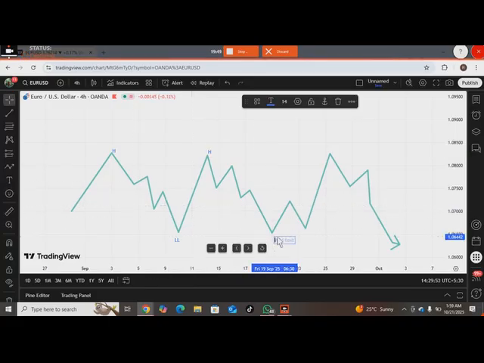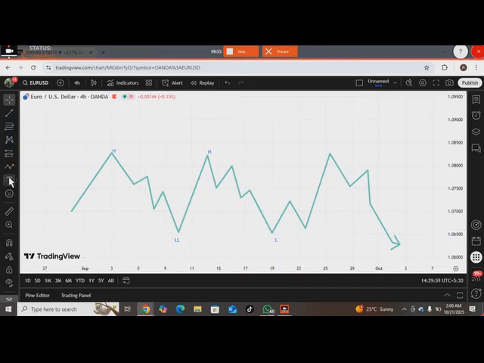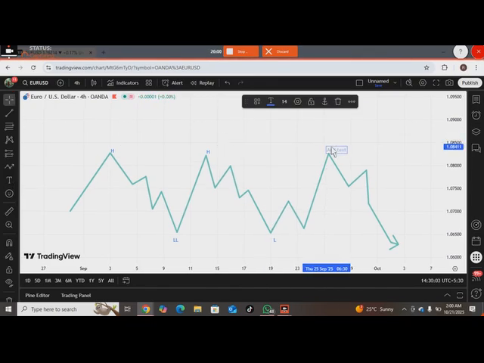and also the market creates a low, and also you see the market creates a high, and also the market creates a low. So here you see the market is moving in this way.